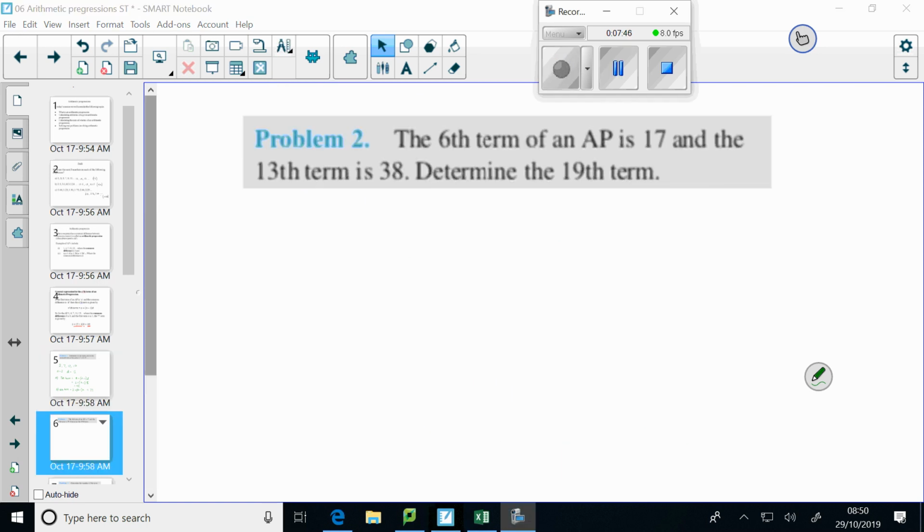Okay. Next problem. The 6th term of an AP is 17. And the 13th term is 38. Determine the 19th term. How are we going to tackle that problem?